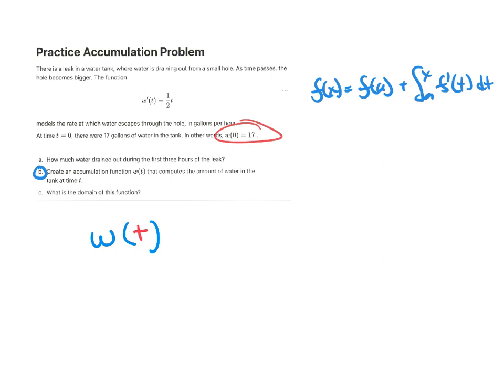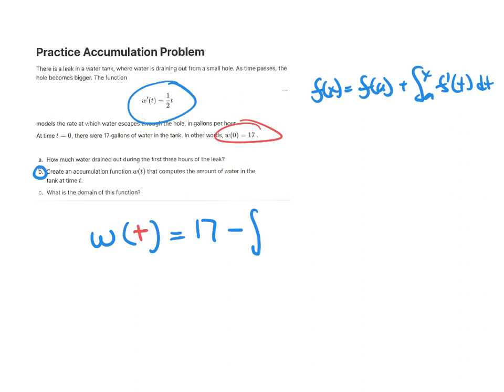And then there's one little subtle trick here that we have to be careful of. So my water in the tank, w of t, the water at time t, is going to be the 17 gallons. Now remember, this rate is the rate at which the water is leaving the tank. So that's actually a negative rate. So when I integrate this, I'm going to subtract instead of add because I'm losing water.